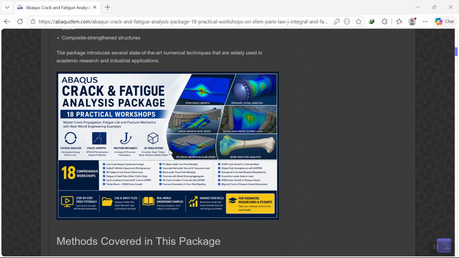Crack and fatigue failure are responsible for many catastrophic failures in engineering structures. Pressure vessels, bridges, concrete buildings, aircraft components, pipelines, offshore structures, and even biomechanical implants can all experience crack initiation and propagation during their service life.